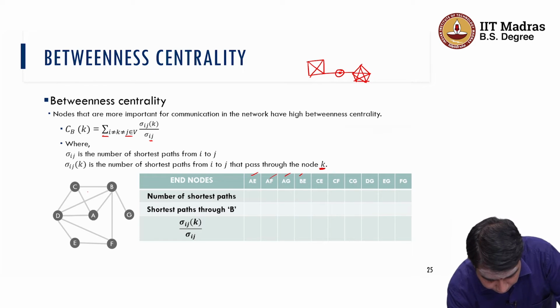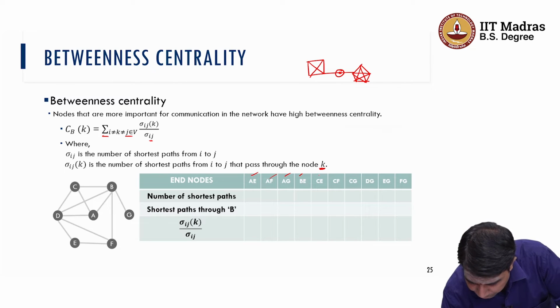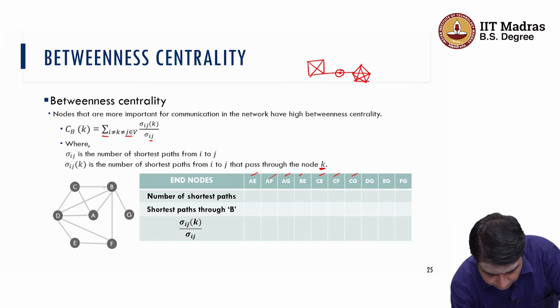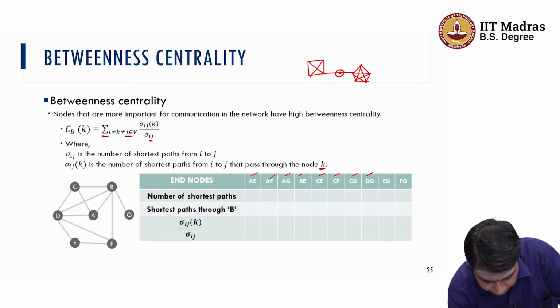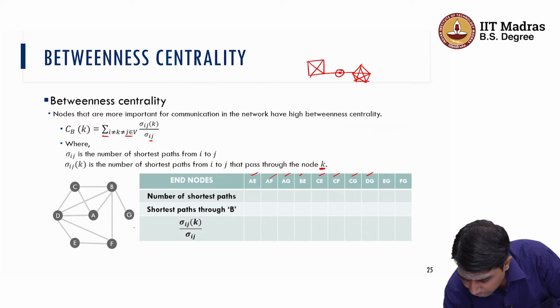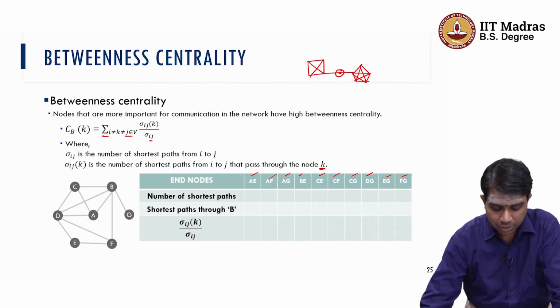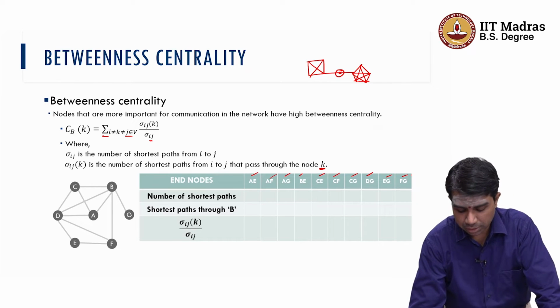Similarly, we look at CE, CF and CG, and then DE, DF are all edges. So, we look at DG, EG because that is again a path and not an edge, EF is again out, and ultimately FG. So, these are all the pairs of nodes that we need to consider.